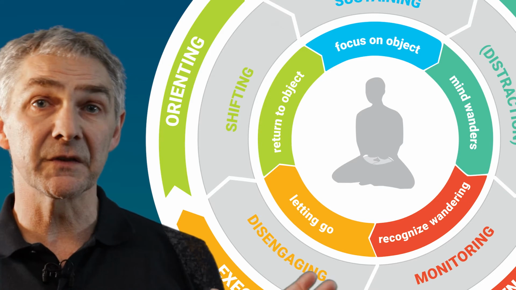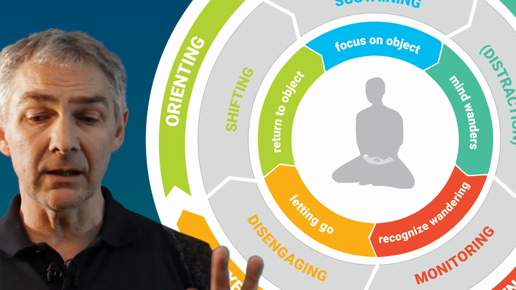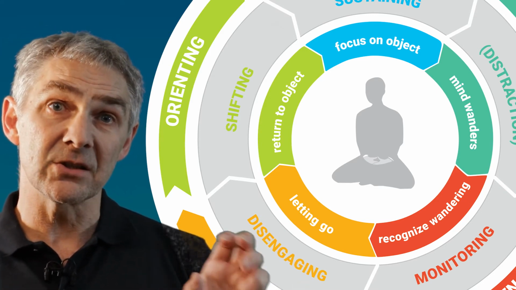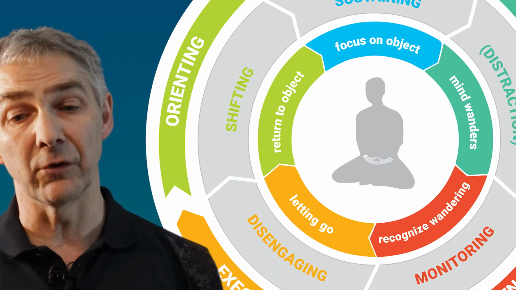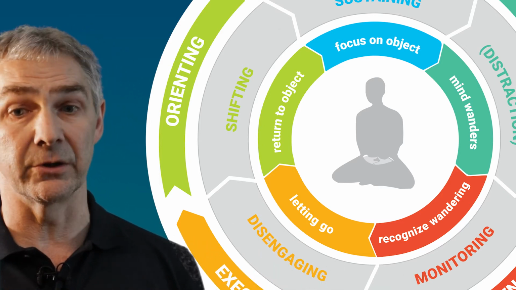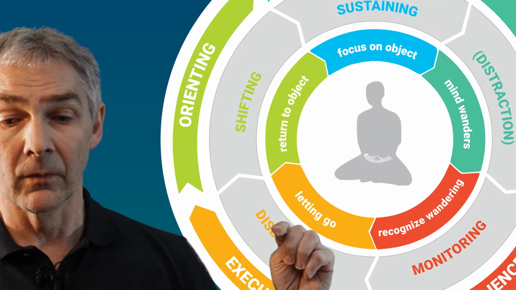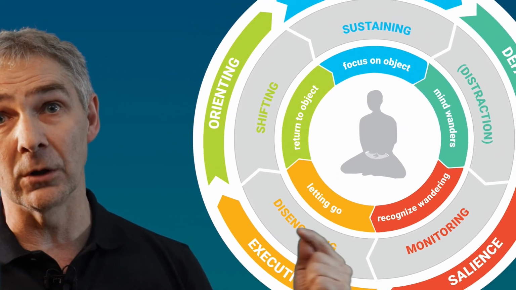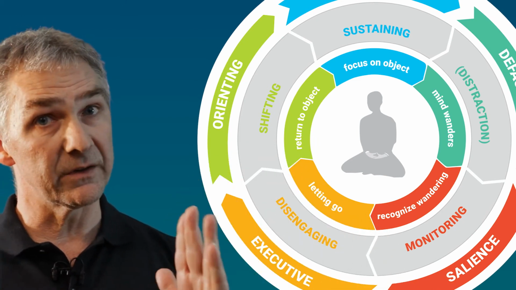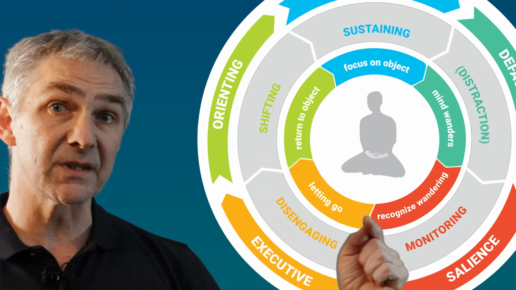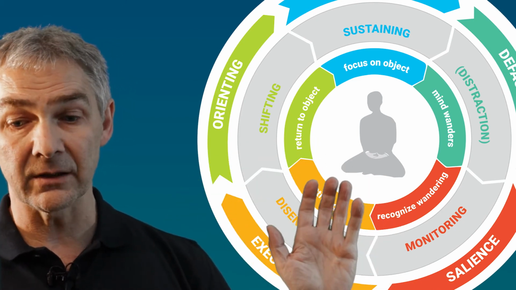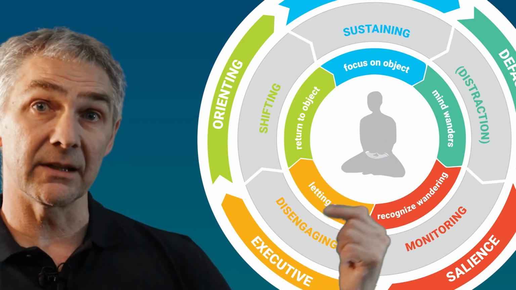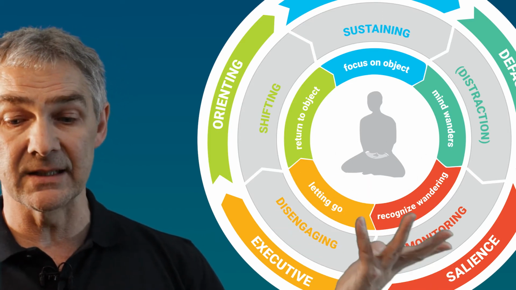And from cognitive psychology, we understand all the attentional and cognitive functions that are involved in this process. And this is the middle circle. Yes, so it's first of all a function that we call sustaining attention. So where the attention is stably sustained on an object, then sooner or later, as I said, a distraction arises.